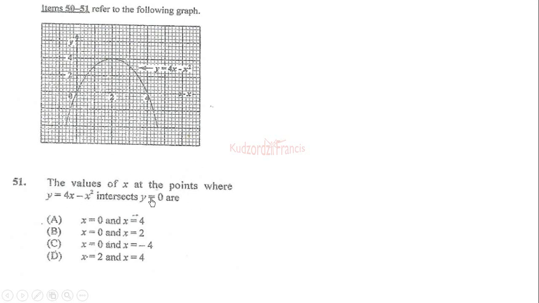So the line y equals 0 is the same as the x-axis. The graph y equals 4x minus x squared is this parabola that has a maximum turning point. Where it intersects the x-axis, we have the x values to be x equals 0 and x equals 4.